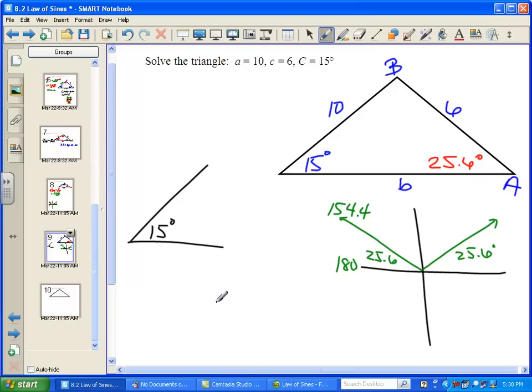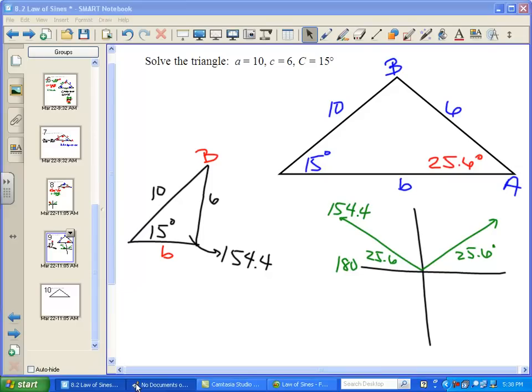And remember, this is not drawn to scale at all, but it represents the other situation that we have. This is still 10, this is still 6, and this angle measure would be 154.4. I want to see if I can calculate this angle B then, and that would be side B.